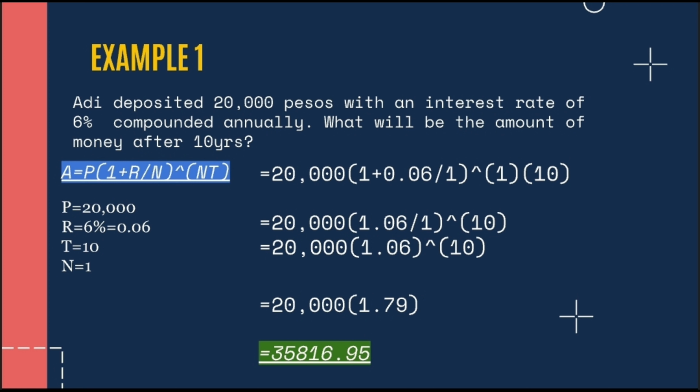We only need 2 decimal places, so we will get a result of 1.79 from the exponent. Multiply 20,000 by 1.79 and we will get a result of 35,816.95 pesos as the amount of money if it is compounded annually for 10 years.